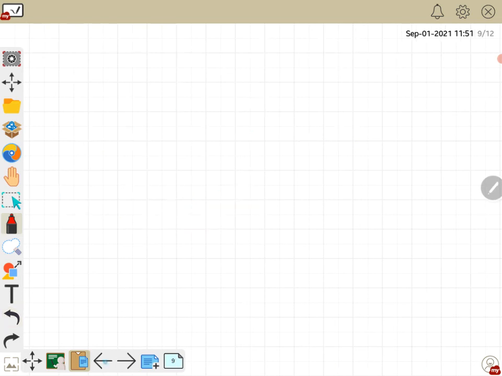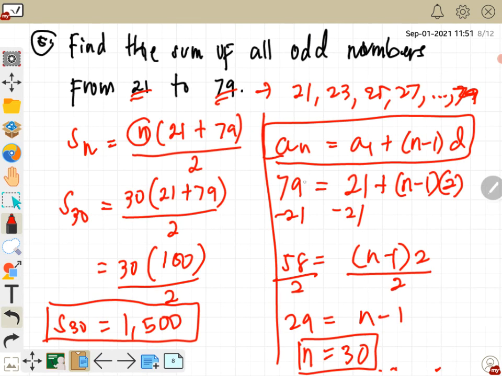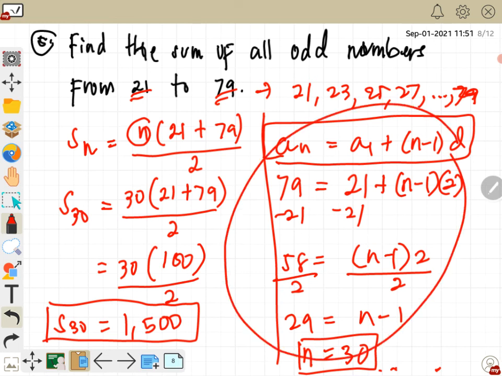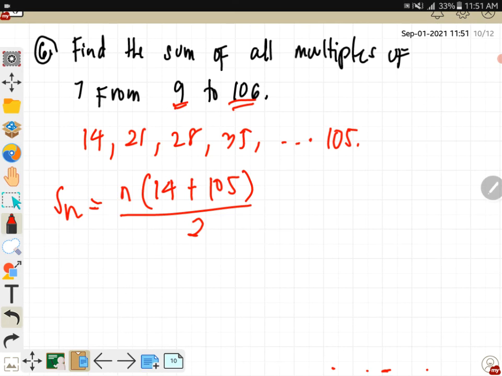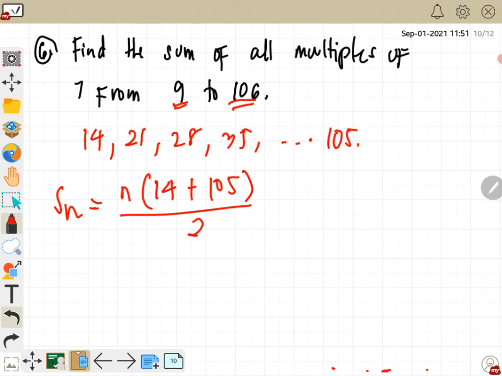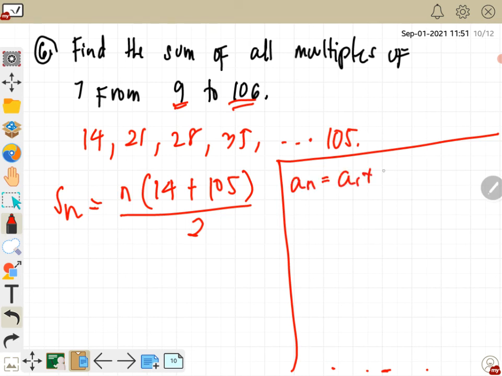So again, using the same approach a while ago, we need to solve for our value of n so that we can get our number of terms. So using our arithmetic sequence, a sub n equals a sub 1 plus n minus 1 times d.